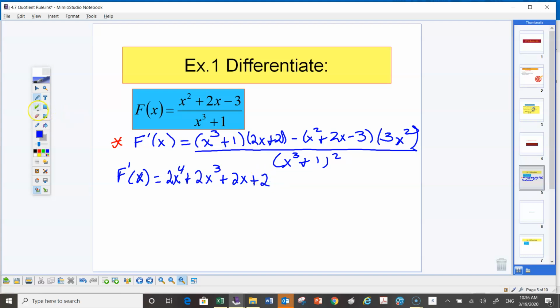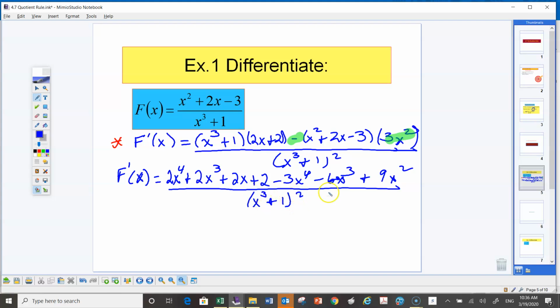Then I'm going to multiply the 3x squared with this negative sign, and I'm going to distribute that into the trinomial, x squared plus 2x minus 3. So that will become negative 3x to the fourth power, minus 6x to the third power, plus 9x squared, and this is still all divided by x cubed plus 1 all squared.